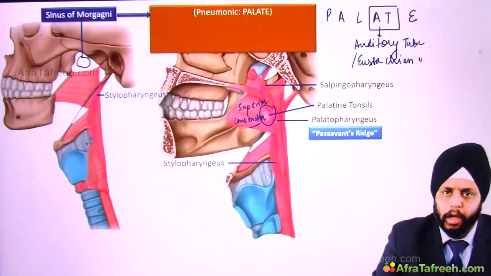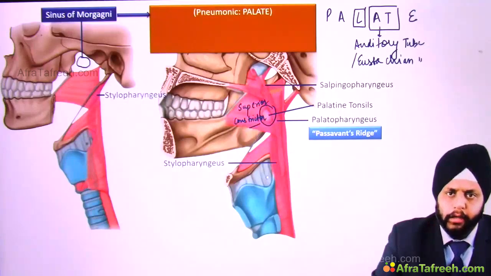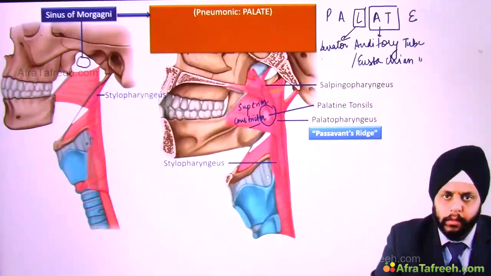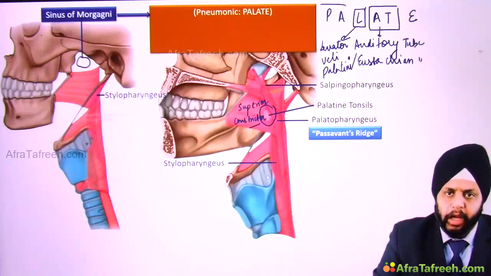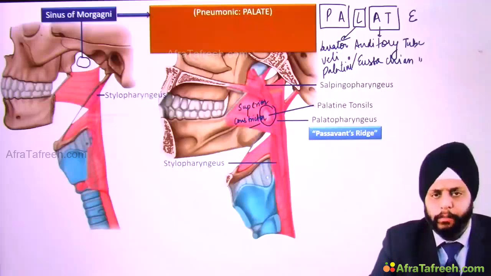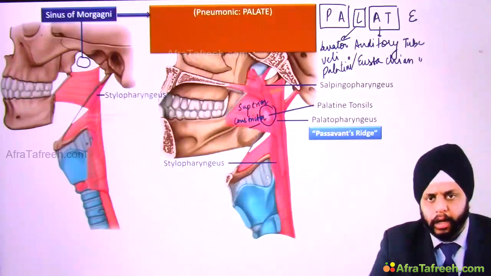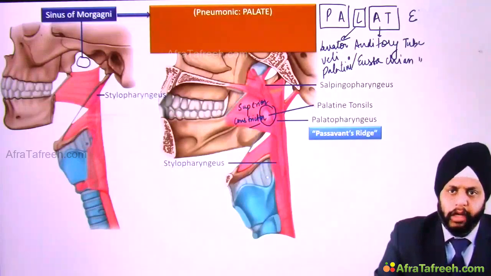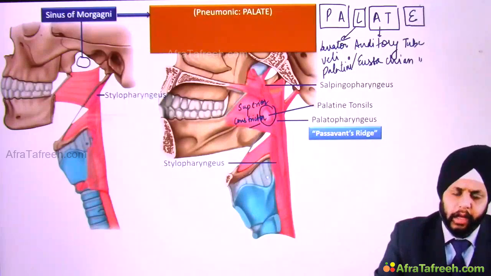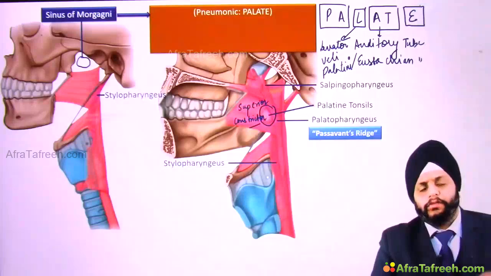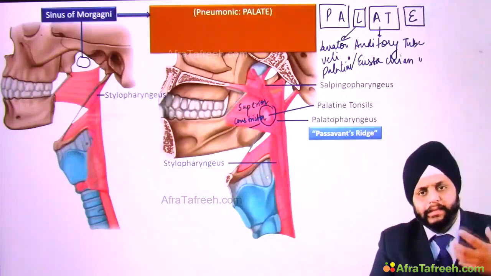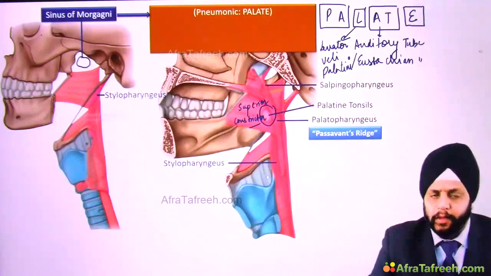Okay. Now L over here stands for levator veli palatini. PA stands for palatine artery, ascending palatine artery. And E over here, I say the E is extra, so sometimes we have a fourth structure passing through it, that is the extra structure, ascending pharyngeal artery.